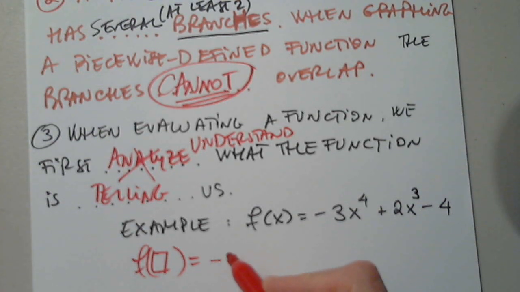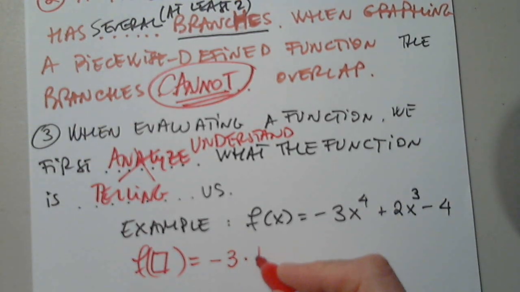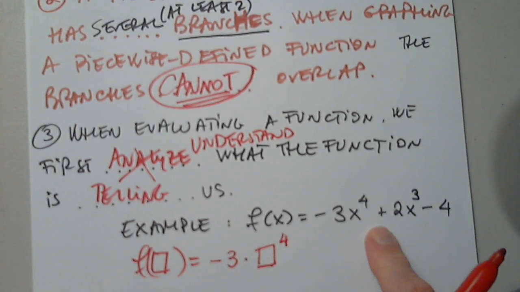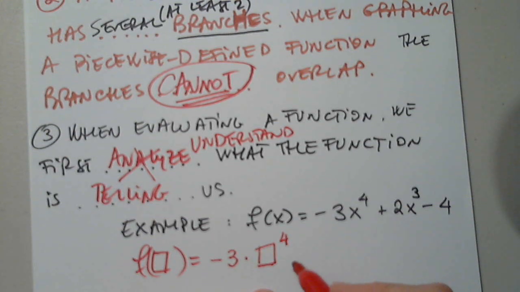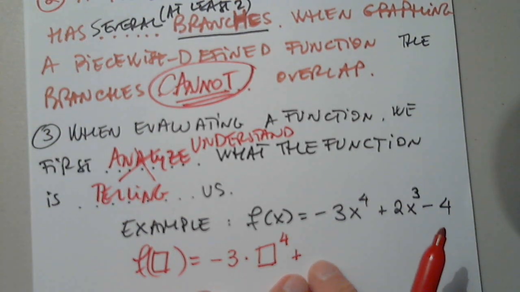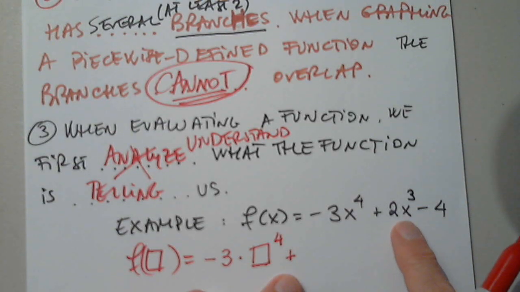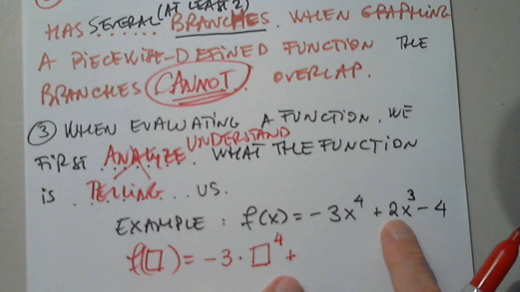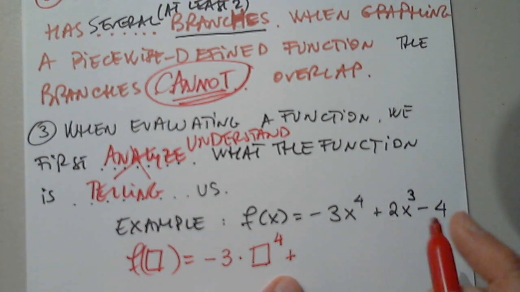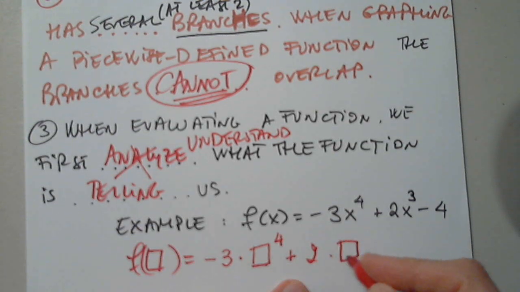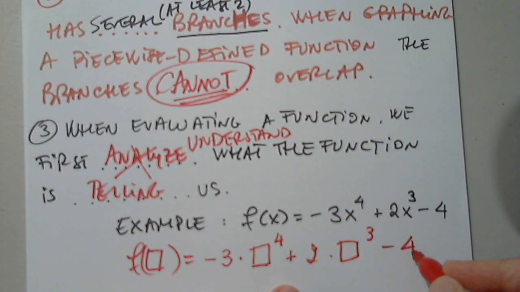It's a quadratic. -3 times whatever to the 4th. Then what else is it telling us? Plus 2 times whatever to the 3rd and -4.